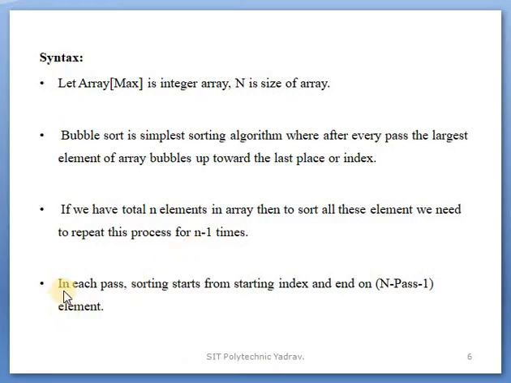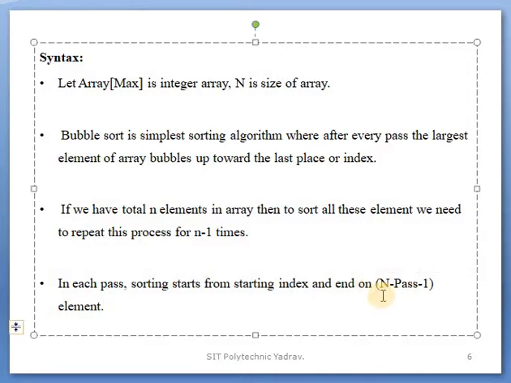In each pass, sorting starts from the starting index and goes up to the end element, which is n minus pass minus 1. Here n is how many numbers are in the array, minus the pass number, 0, 1, 2, and minus 1.